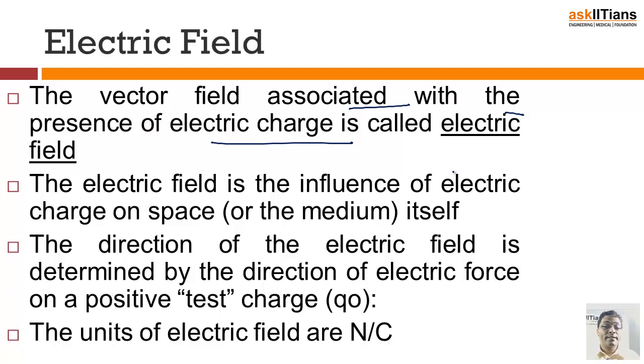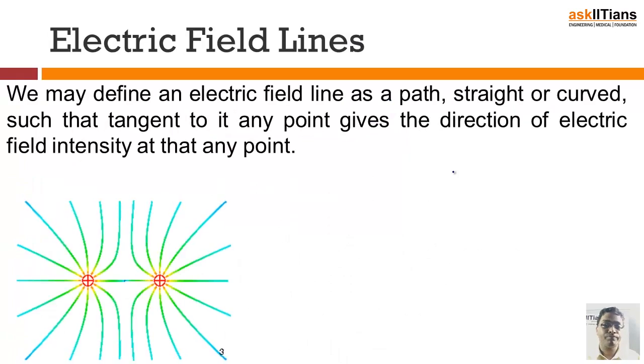The direction of the electric field is determined by the direction of the electric force, because you can have the influence existing everywhere along all possible directions, but you can only find the force when you have two charges, because the force is going to exist between the centers of the two charges. So if you put a positive test charge at a particular position and join the centers of the two charges, that is going to give you the direction of the electric field.